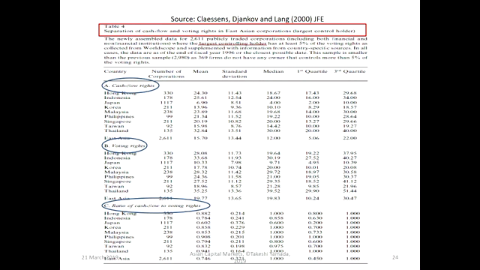This figure looks at the largest controlling shareholder in, let's say, Hong Kong. They look at 330 companies, and for the largest controlling shareholder, ask what the cash flow right, which is equivalent to ownership, is.